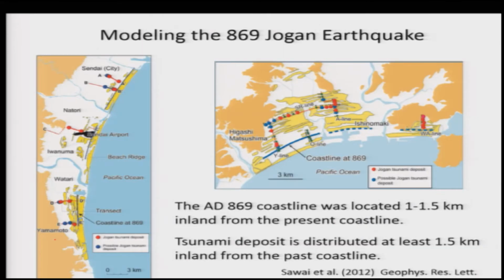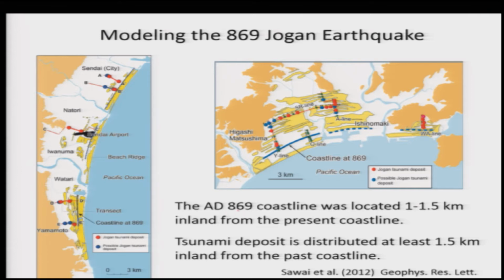So modeling eventually helped them understand what the inundation pattern will be if a similar magnitude tsunami is triggered. And this tells that the AD 869 coastline was located here, because the coastline keeps changing slightly depending on the erosional pattern as well as sea level change, if at all there is any.